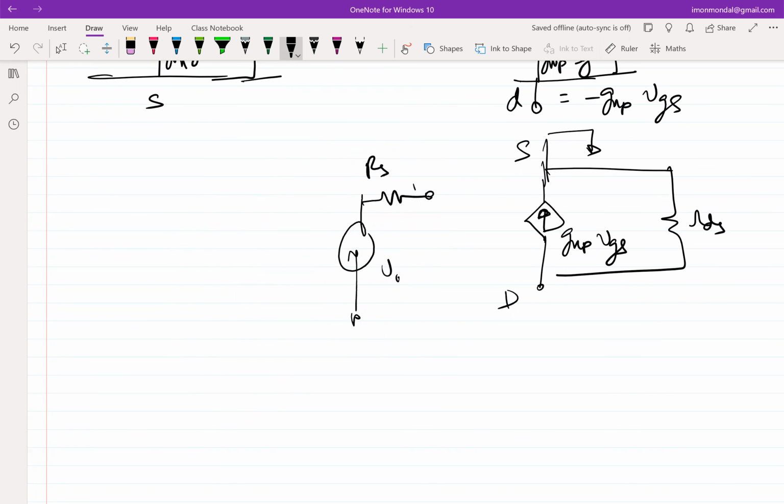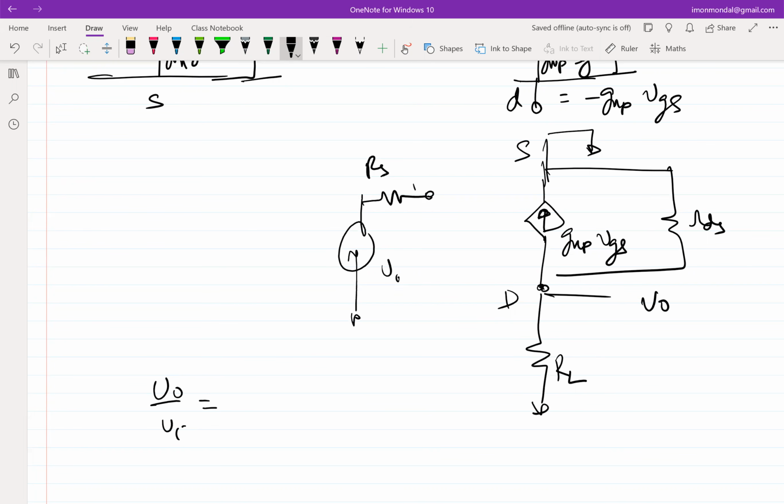Where will you connect the resistance R? At the drain, right? So at the drain, R. And where will you take the output? At the drain, right? So this becomes V0. So what will be V0 over Vi? Source is grounded, so Vg is equal to Vi.